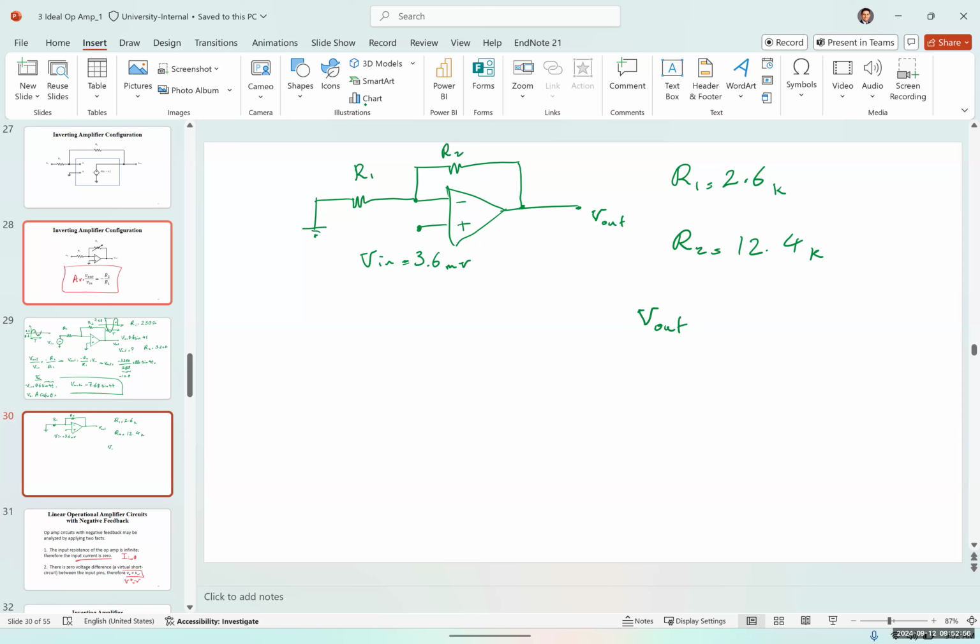We want to calculate V out. I'll give you again a few minutes. And V in is 3.6 millivolts.